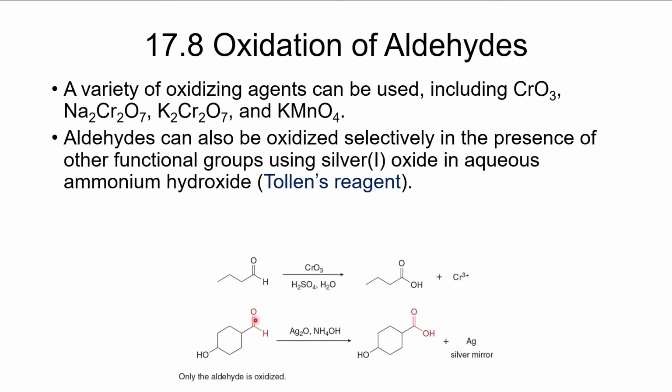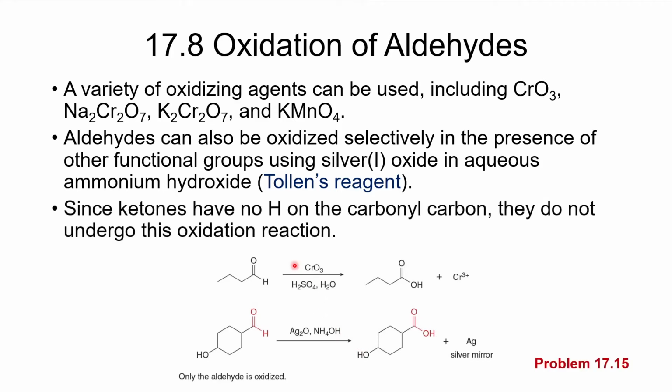And on top of that, when you do this reaction with the silver 1 oxide, you will deposit metallic silver on the inside of your reaction flask. And so you'll end up getting a silver mirror on the inside of your flask. So if you go to YouTube and search Tollen's reagent, you'll see this, you can go observe this.